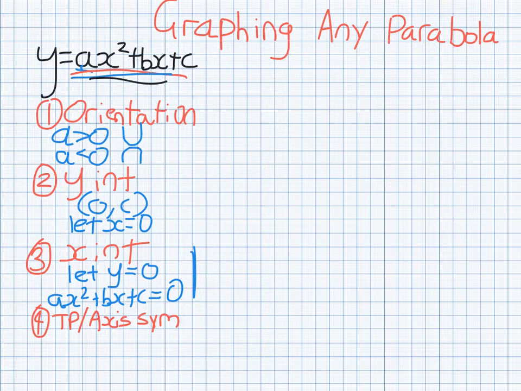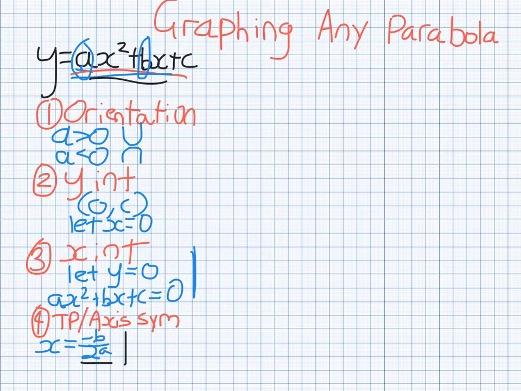The turning point or axis of symmetry can be found using this equation, x equals minus b over 2a. b is just the number in front of x, a is the number in front of x squared. You use that formula, so x equals a number. Remember from when we did linear relations that that's just a perfectly vertical line like that. So the axis of symmetry is a line whose equation is x equals some number.